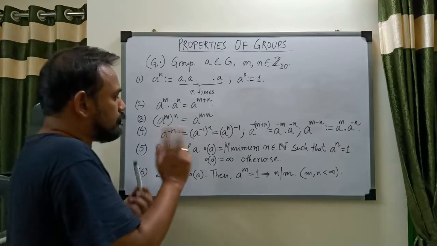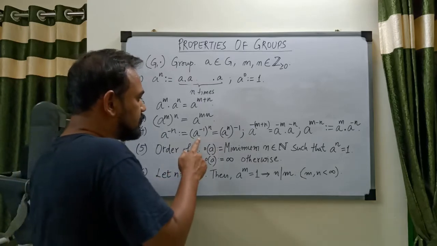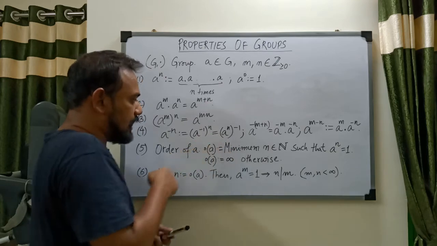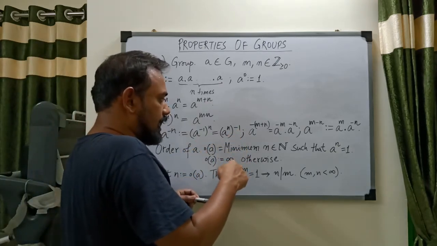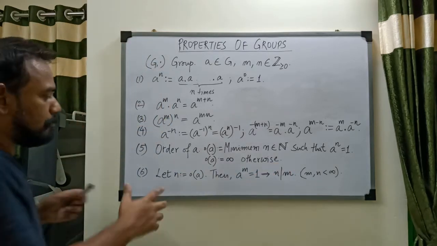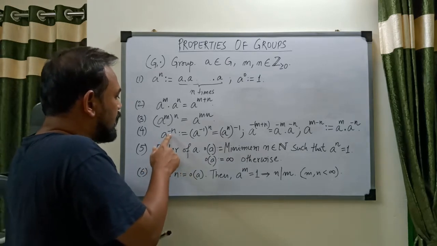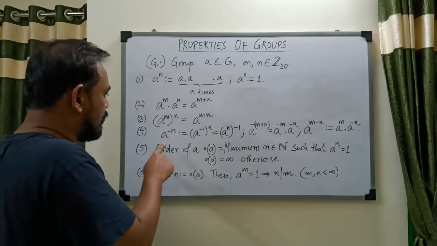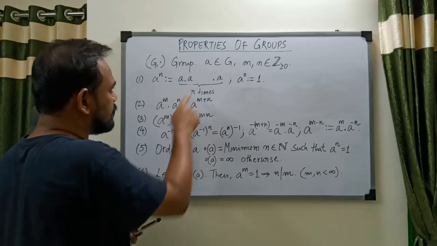They have two meanings really hidden in them. This is the inverse of A put together n times, and this is A inverse put together n times. They turn out to be equal, and so I can call them A raised to minus n. So this is the first time that I have defined a negative index for the element.